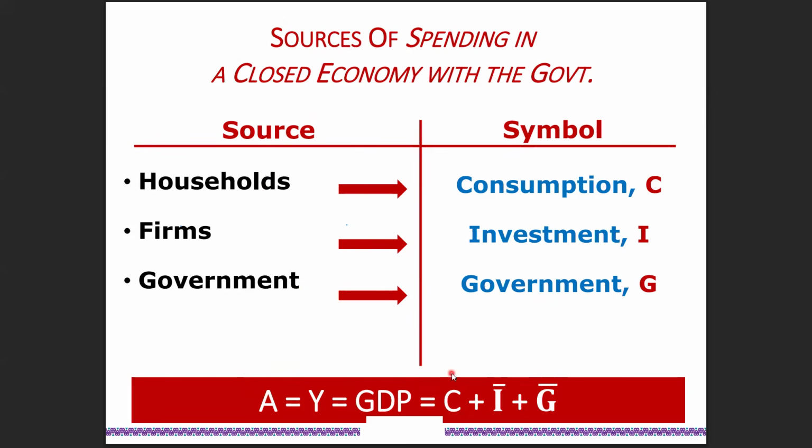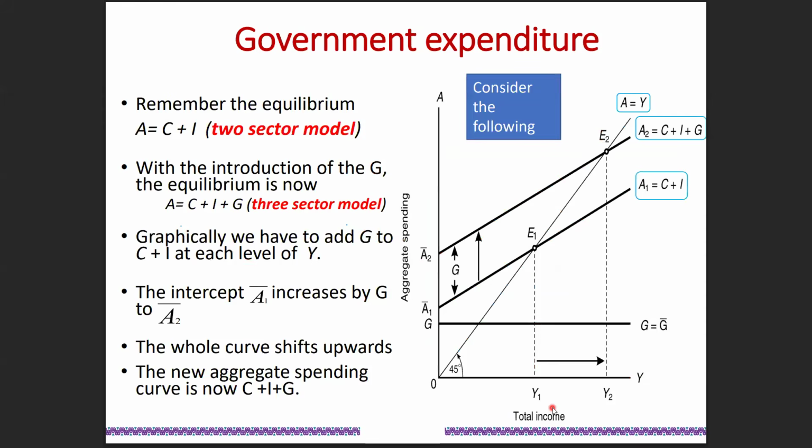Now, to calculate aggregate expenditure in a closed economy, we just say C plus I plus G. And our I and G, we know that they are autonomous, because investment is independent of income, and government is also independent of income. Then we draw the aggregate expenditure curve when we introduce the government. It's going to increase because our autonomous components are increasing.